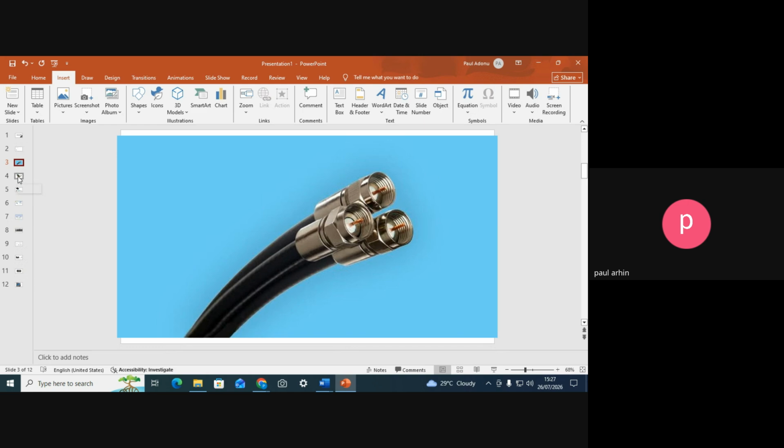Then we had the twisted pair. Let me show an image of that too. Twisted pair cable has become the most commonly used cable for networking today.